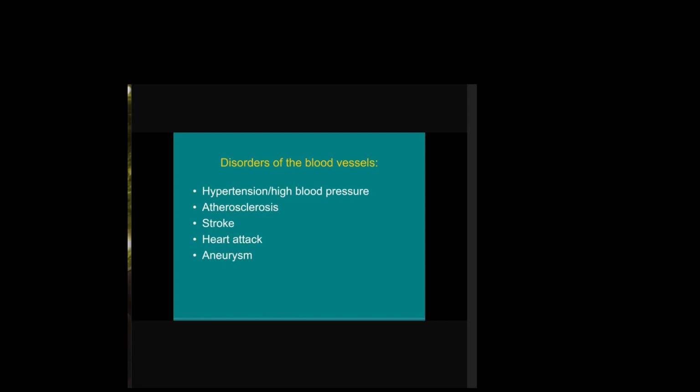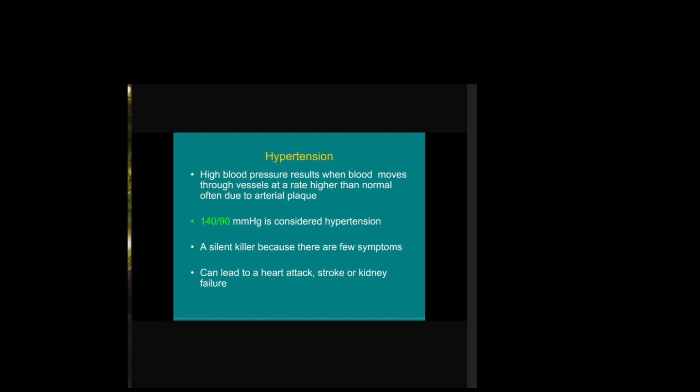If you look at disorders, we have blood vessels, we have the heart. So let's look at these disorders that would happen in some of these structures. We talked about hypertension. I said hypertension is called high blood pressure that results when blood moves through the vessels at a rate that is higher than normal.